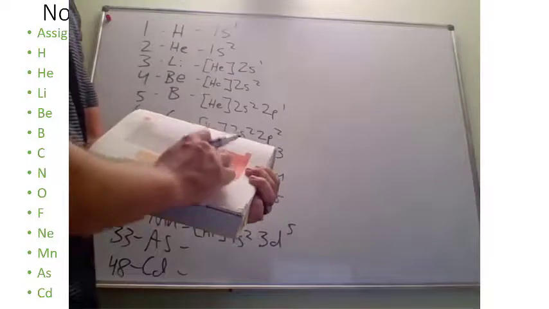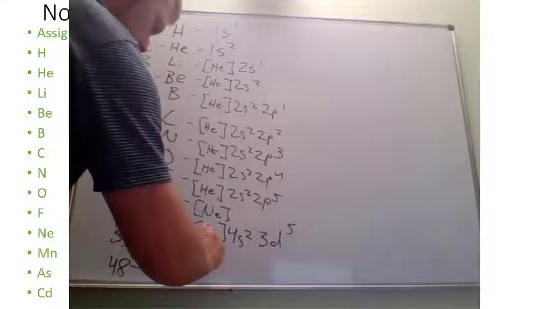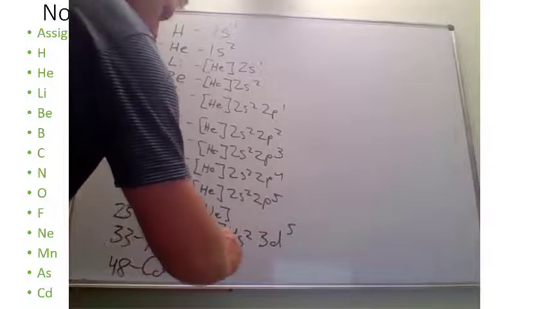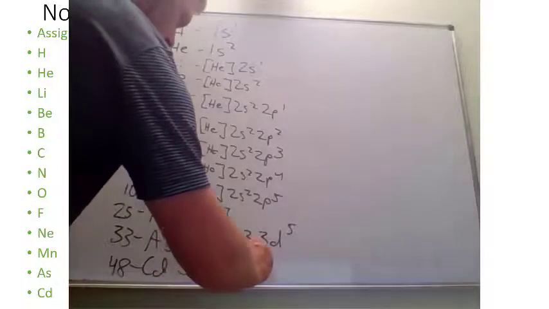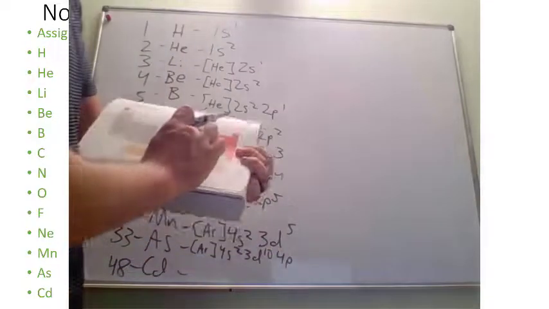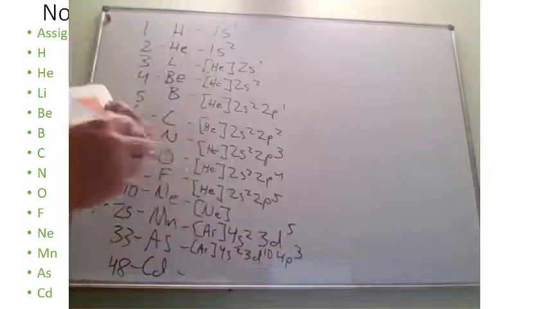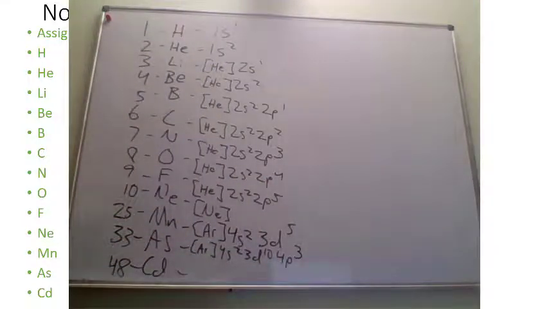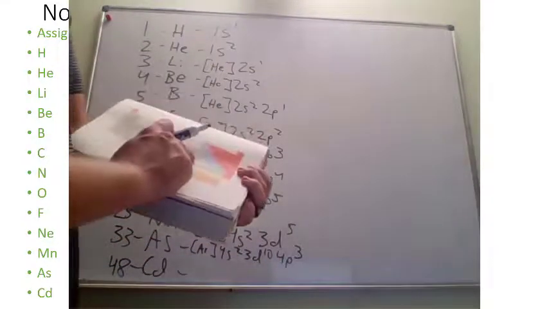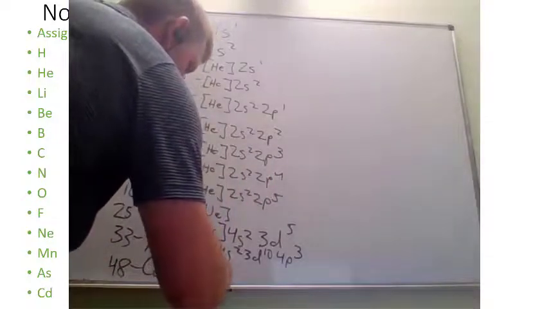All right, arsenic, again, we look for the previous noble gas, which again is argon, Ar. And then we go again, 4s2, 3d10, and then 4p, and we count 1, 2, 3, 4p3. Much more straightforward. And then cadmium, we look for our previous noble gas, which is krypton, Kr.